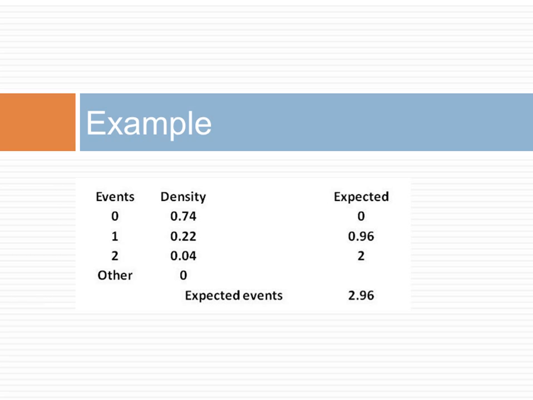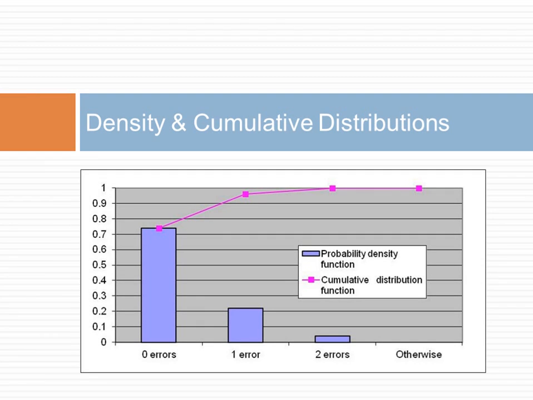The expected number of events is calculated as sum of the number of events times the density functions. This chart shows visually the probability density and the cumulative distribution functions. The size of the step in the cumulative distribution is the same as the probability of the event.